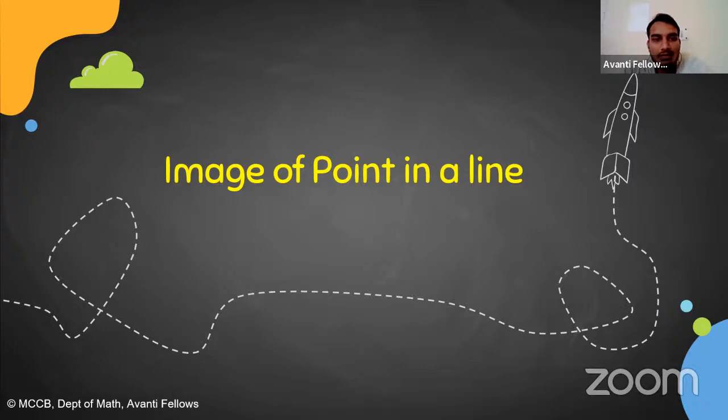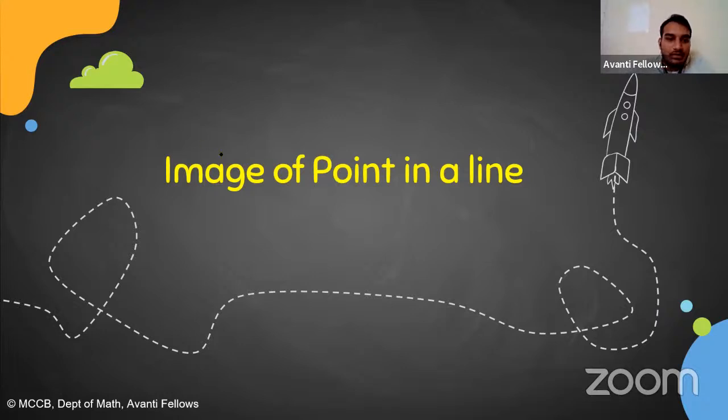In type 2, we discussed that if L1 plus lambda L2 is equal to 0, it is a line which always passes through a fixed point, and that fixed point is the point of intersection of L1 and L2. Now we will use these things in today's class.